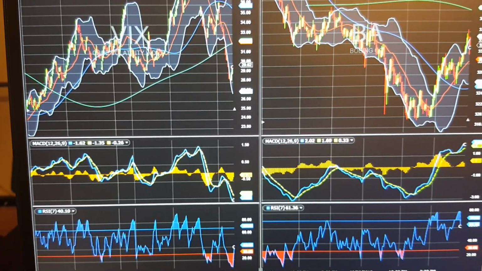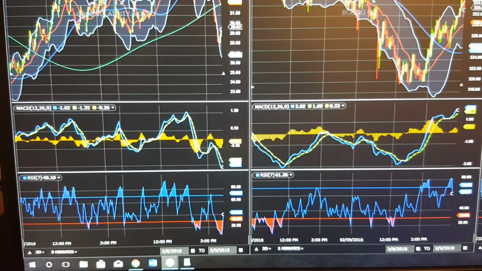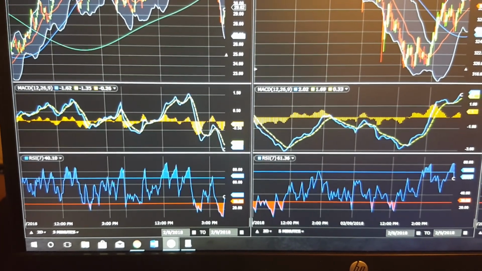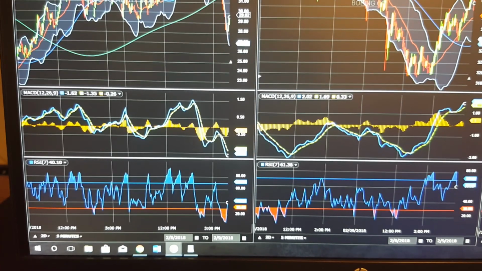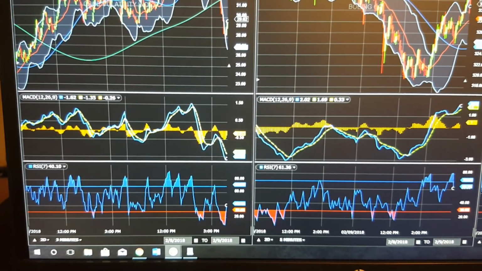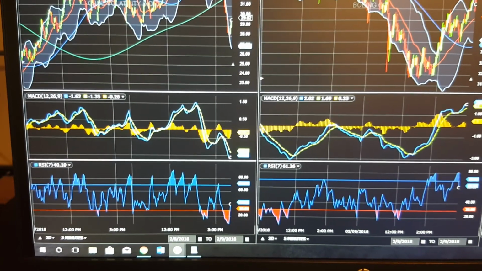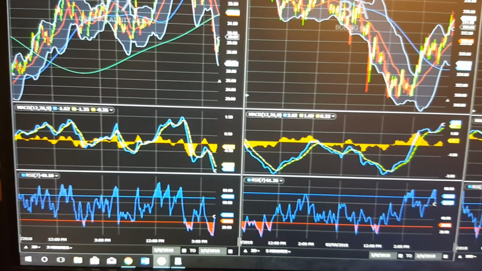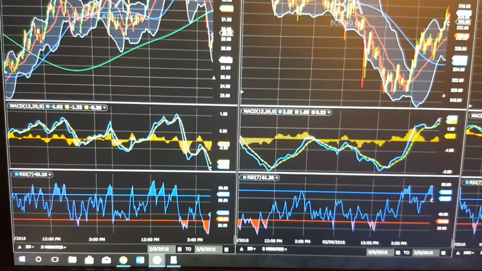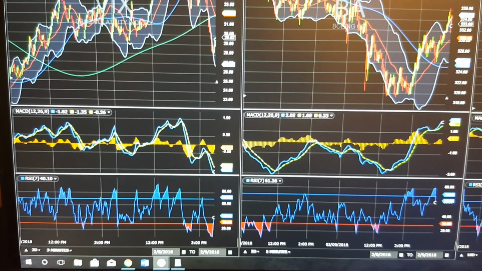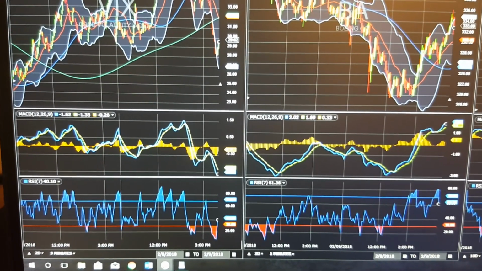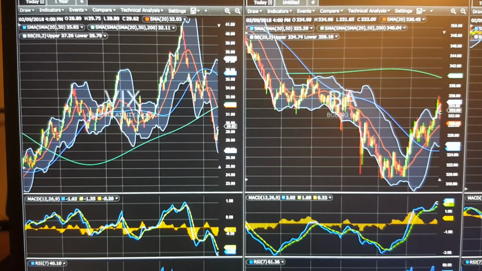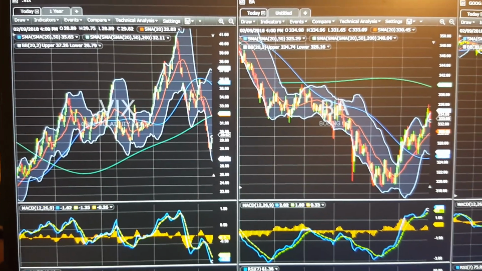The MACD and the RSI are important also, but in my opinion, they are more for long-term trading, like if you want to hold an asset for a week or so. Those are good, but for single day trading, they tend not to be that reliable. So mostly the Bollinger Bands and the moving averages.